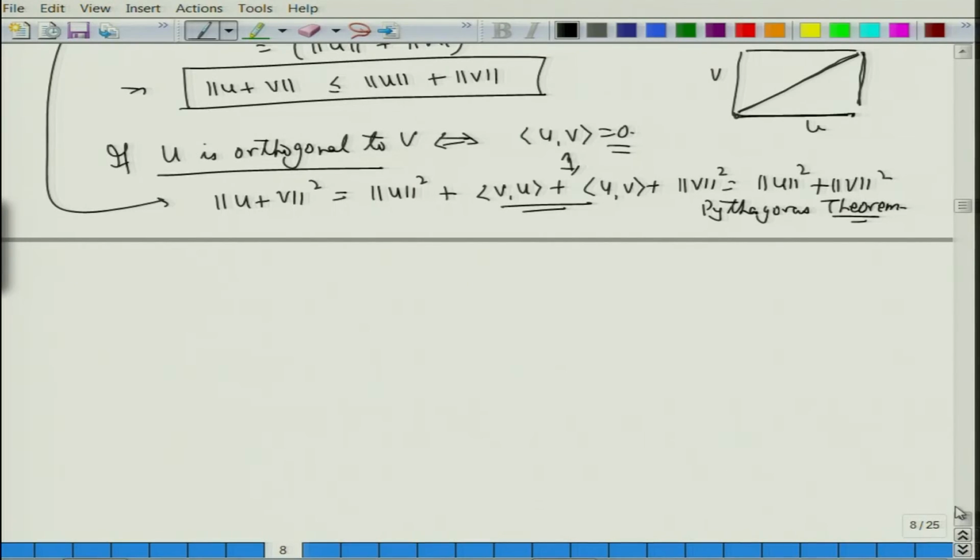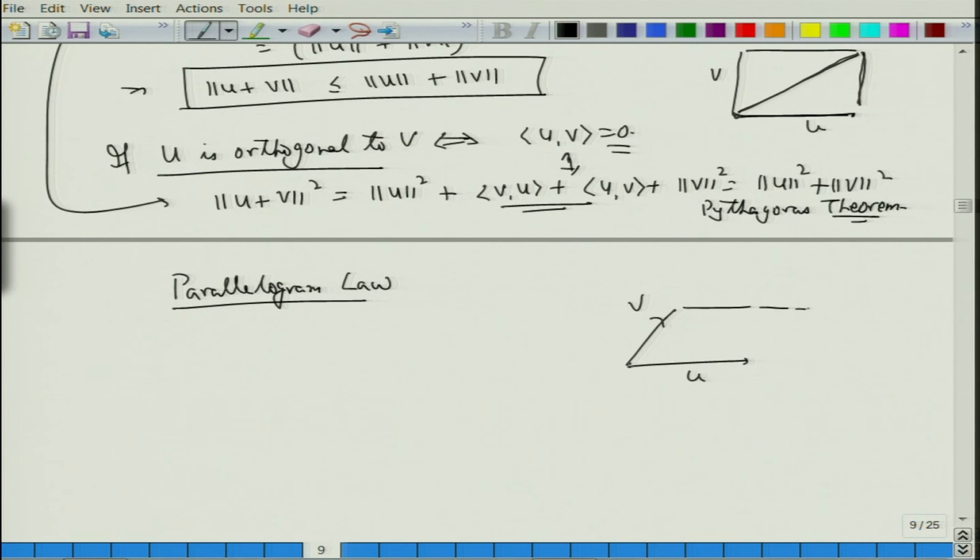Fine. I would also like you to, as the last thing, understand that there is a notion of what is called the parallelogram law. So what is the parallelogram law? Let us try to understand it. So it says that I have the vector u here, vector v here, just join it here.